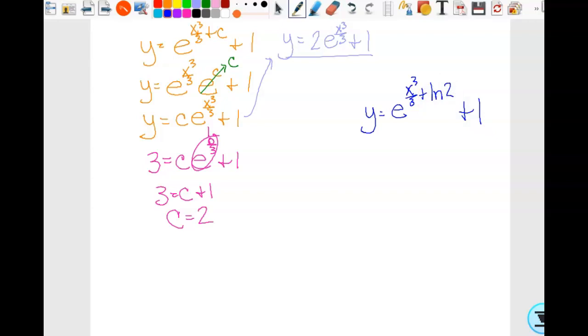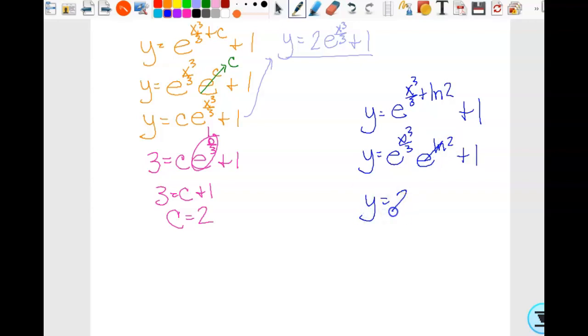Okay, and again, you're not going to have to do this. Just let me show you why it's the same. This is the same thing as y equals e to the x cubed over 3 times e to the natural log of 2 plus 1. You see how I just split it like we did over there? Okay, e to the natural log of 2, because these are inverses, is just 2.